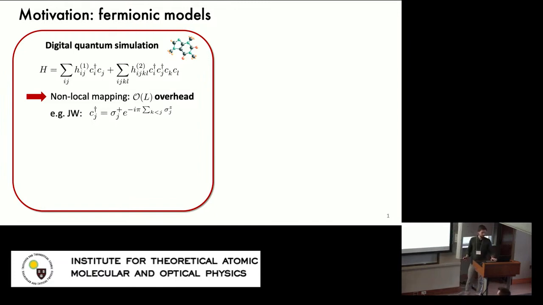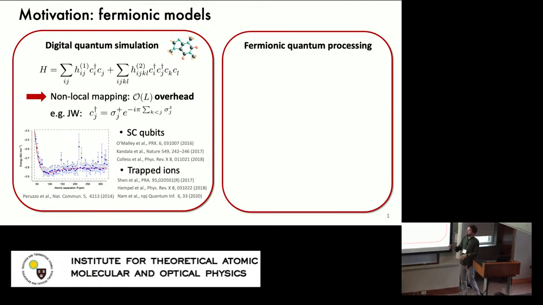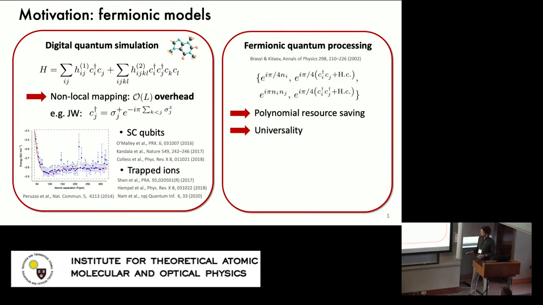This has been explored in the past already, in particular in the context of quantum chemistry, for calculating binding potentials for molecules, mostly using superconducting qubits and trapped ions. But here we want to take a different step and change the paradigm completely. And this is the idea of fermionic quantum information processing. This was formalized first in the early 2000s by Bravyi and Kitaev, where they wrote down a different computational model.